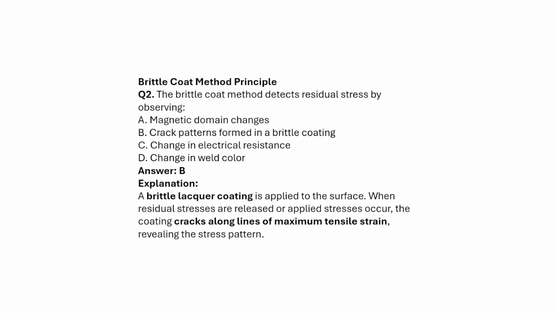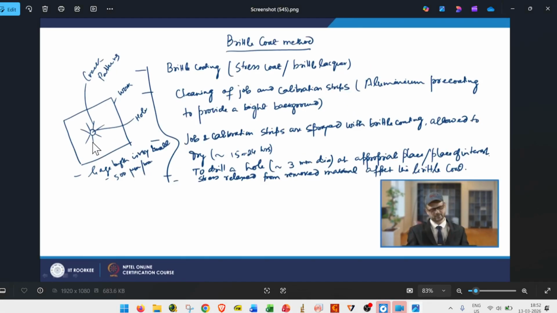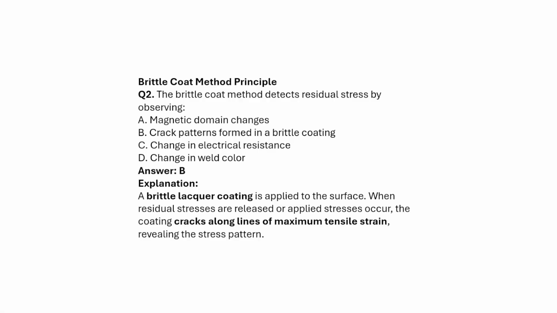The brittle coating method detects the residual stresses by observing: magnetic domain change, crack pattern formed in the brittle coating, change in the electric resistance, or change in the weld color. So the answer will be, as we see here, cracks in the brittle coating.